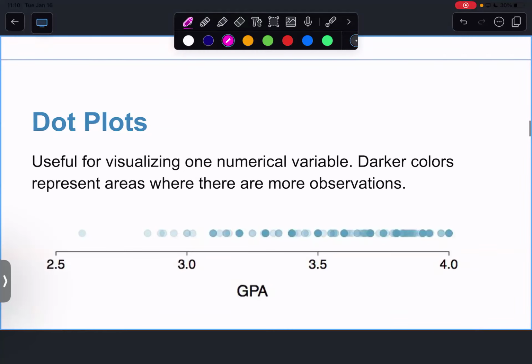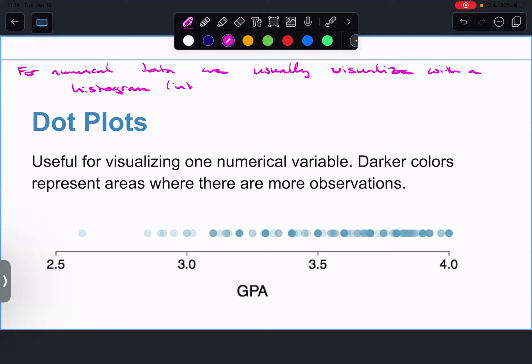But here, for numerical data, we usually visualize with a histogram, which is introduced later. But I just don't want you to be thrown off by these other ones, right? It's just nice to see some other options. They all do the same thing, and so it doesn't really matter.